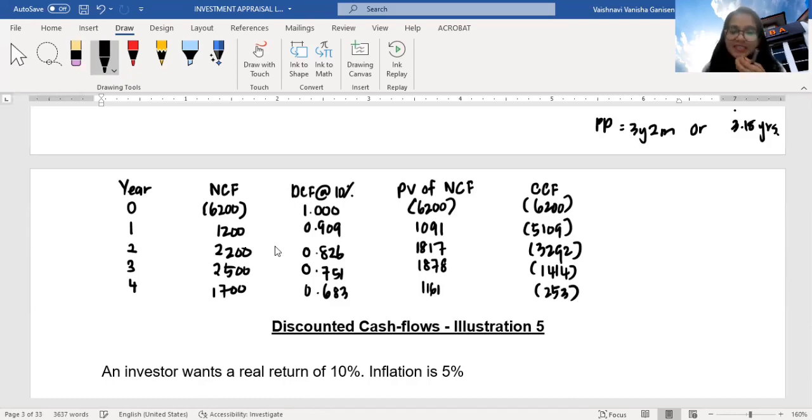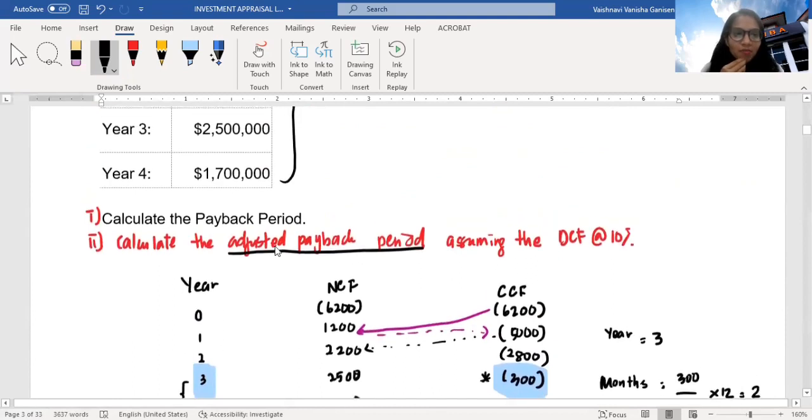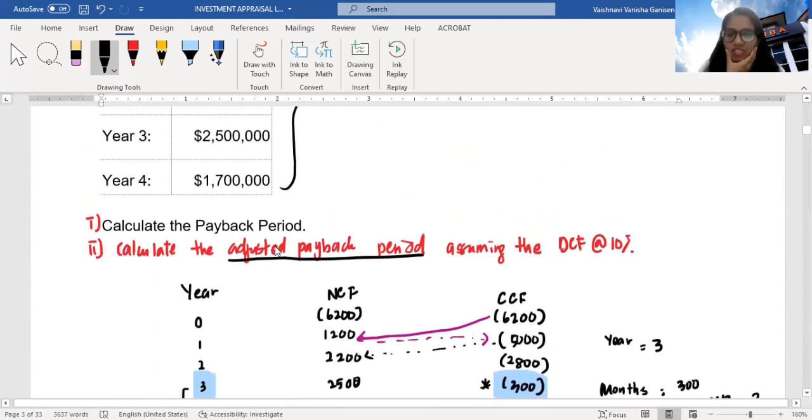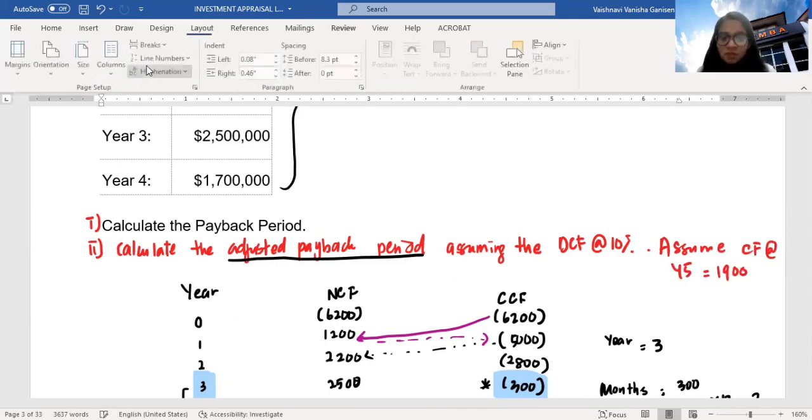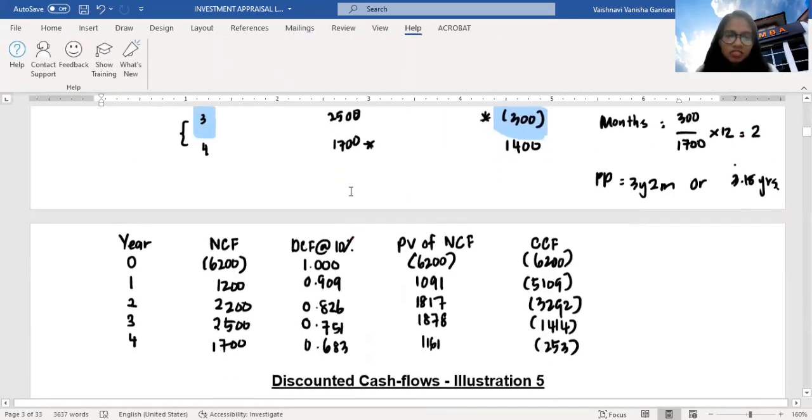So for this question, I'm just going to make an assumption. For part 2, can you just add on to the assumption, because I want to show you how it works. Assume cash flow at year 5 is equals to 1900.